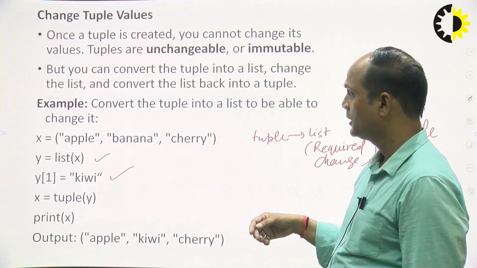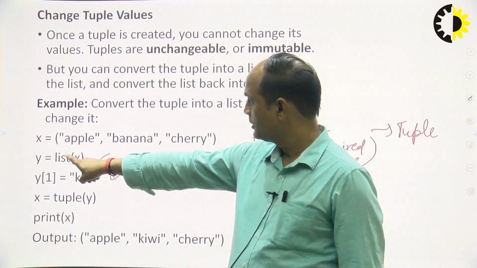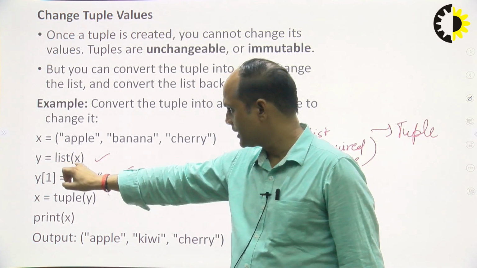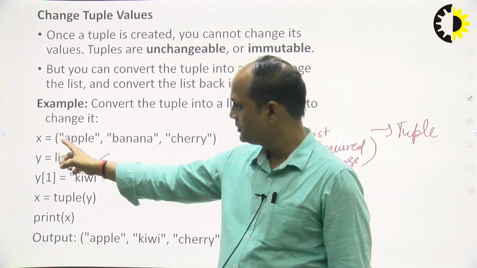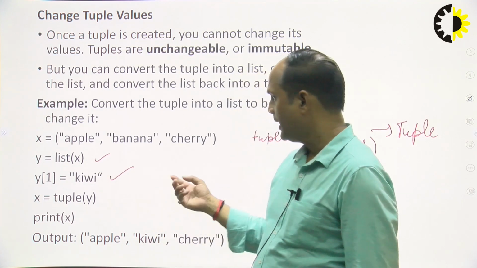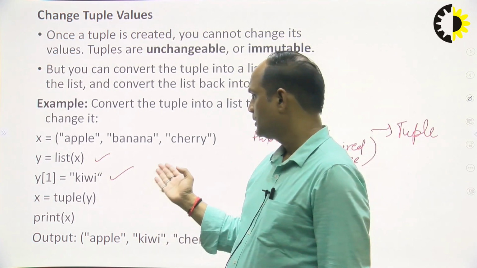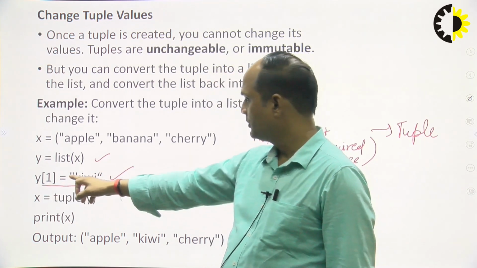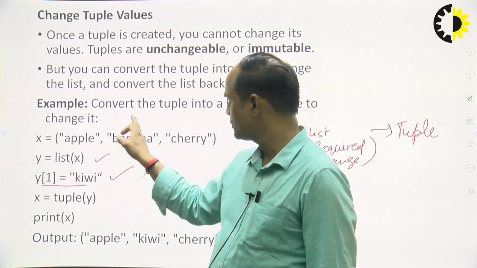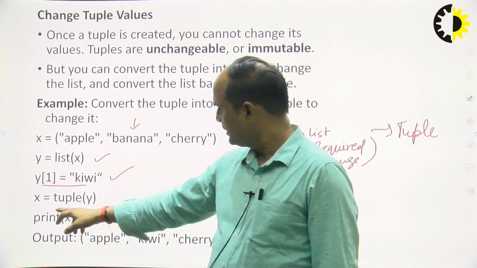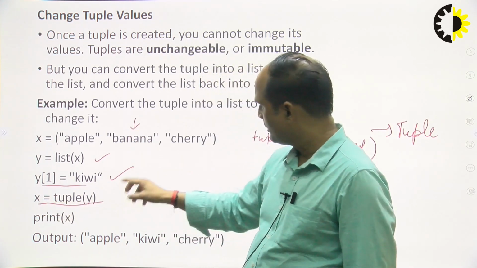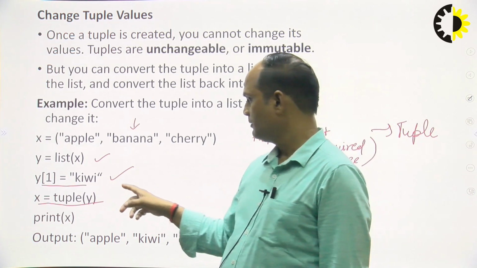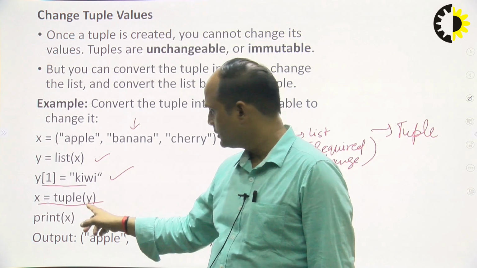Y is equal to list X, meaning the tuple is changed into a list and we put the changed value into the list. Y is the list, we change the first position to kiwi, and after changing the value of the list, we convert the list into a tuple.